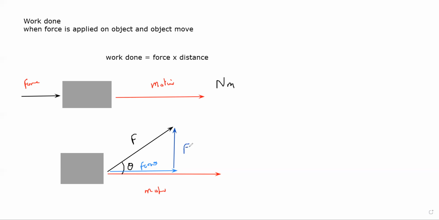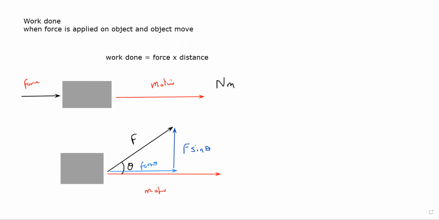So which component of the force is responsible for the motion towards the right-hand side? F cos theta or F sin theta? So F cos theta is responsible.